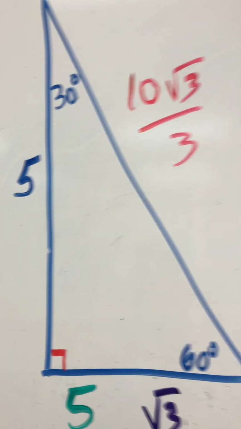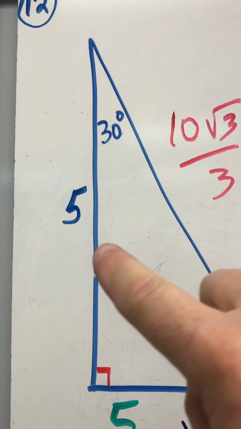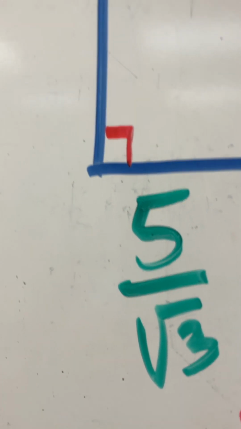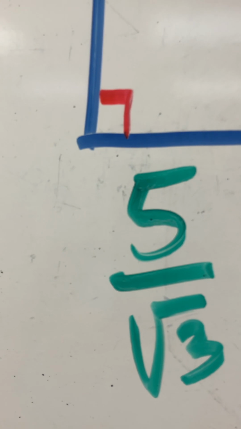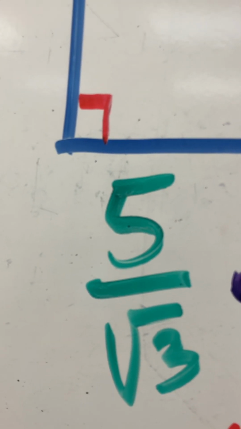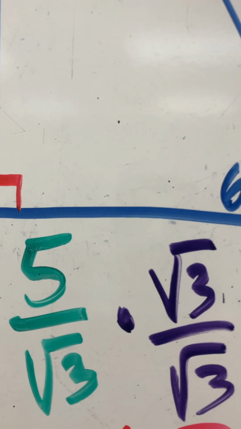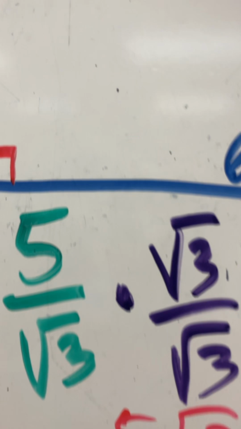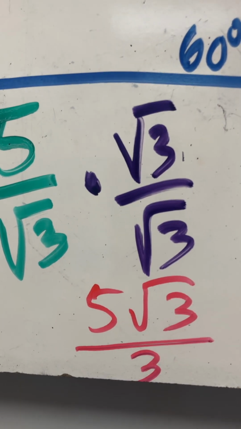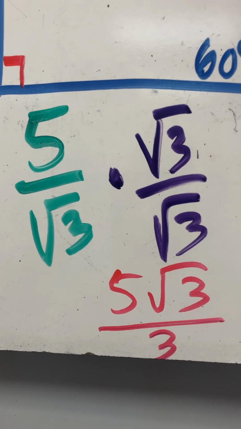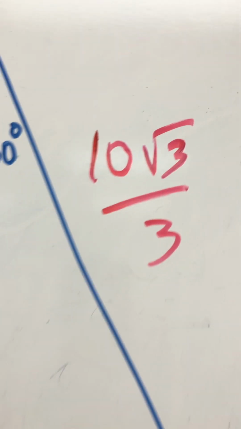Well, now that we have 5, we're going to divide by square root of 3. 5 divided by square root of 3. But, of course, you're not allowed to have a square root in the denominator. So how do you get rid of it? You have to multiply by square root of 3 over square root of 3, right? That gives you 5 square root of 3 over 3. That's the short side. So how do you get the long side? Double it. 10 square root of 3 over 3, right?